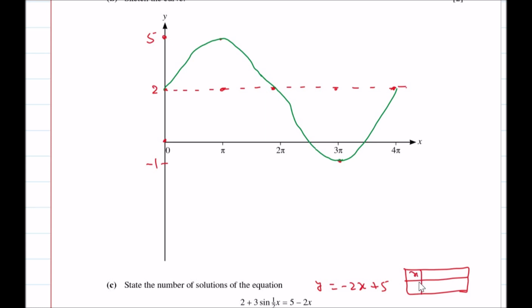You can find 2 points. So x, y. Now if you are putting x equal to 0, y equal to 5, and if you are putting x equal to 1, we will get 3. Okay.